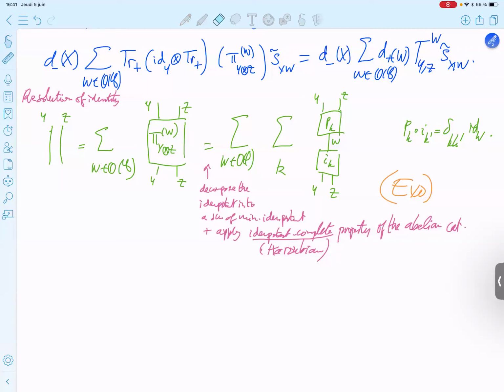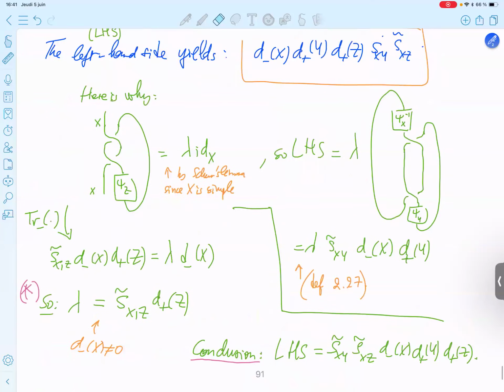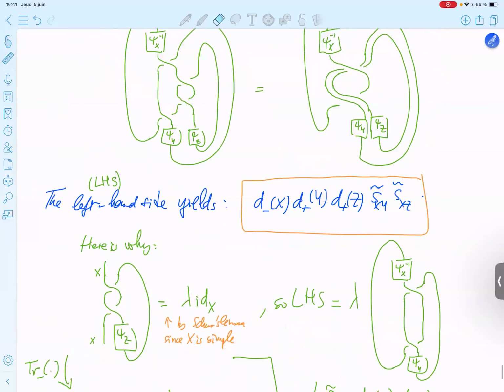Once you have that, we can apply the naturality of the braiding, and you can move it through the braiding. So let me show you. Now you want to evaluate this piece of this picture.